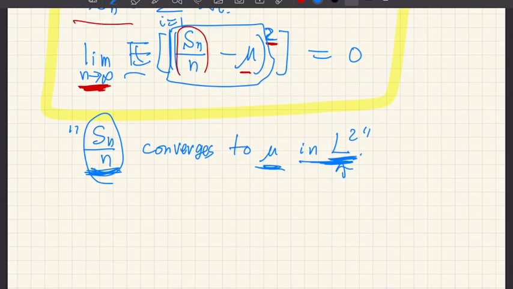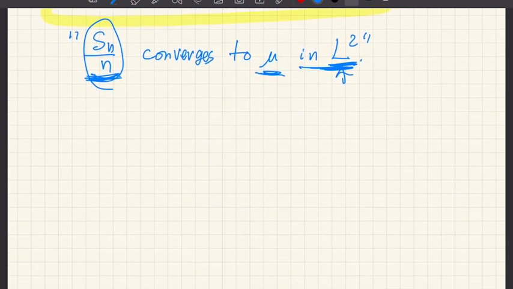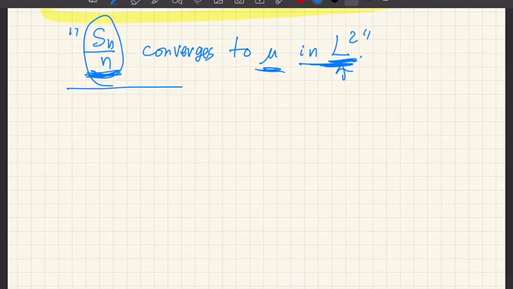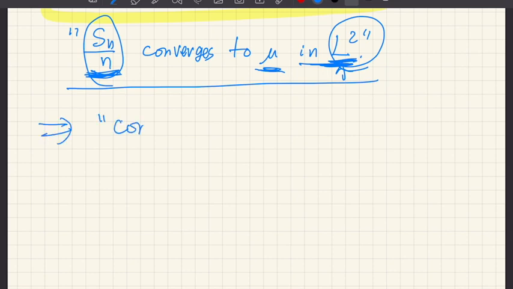Anyway, it should also be pointed out that when something converges in L2, then we can say it also converges in probability.